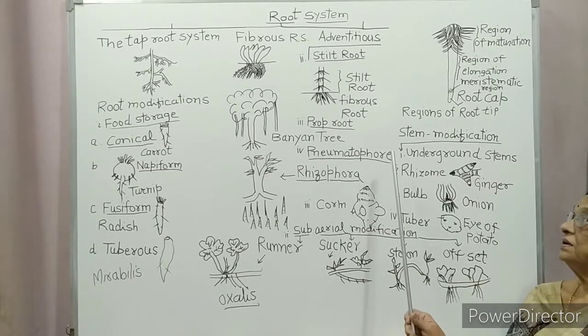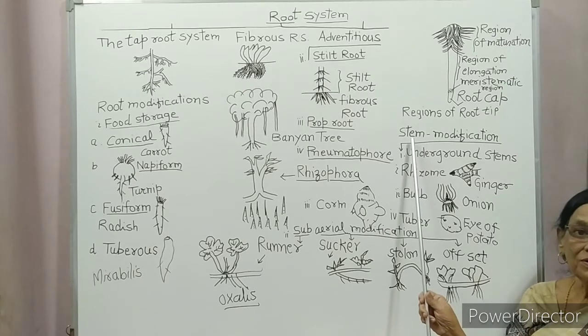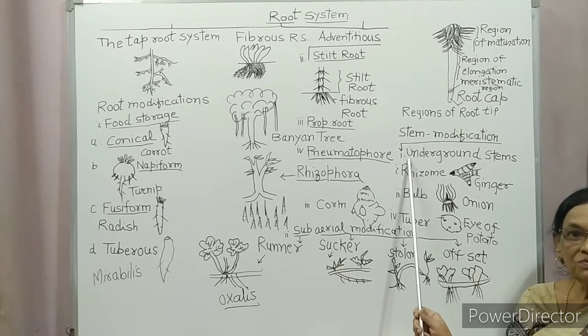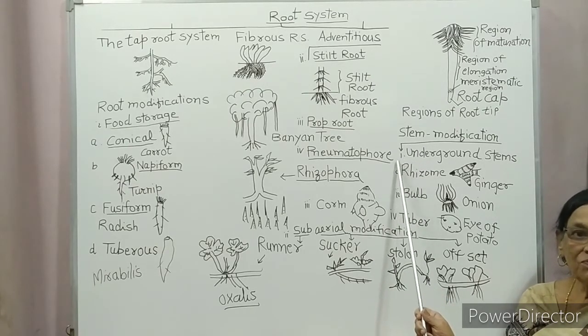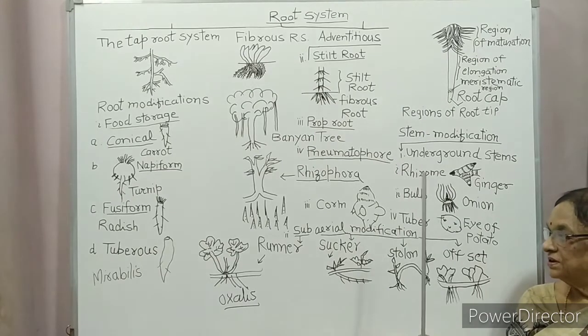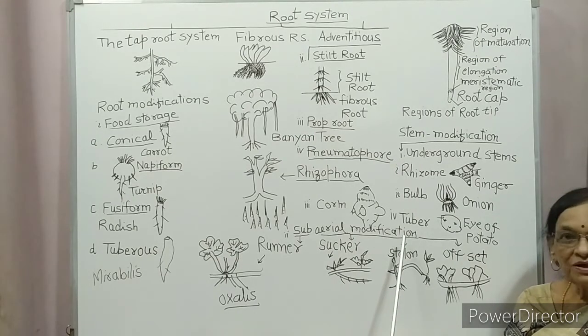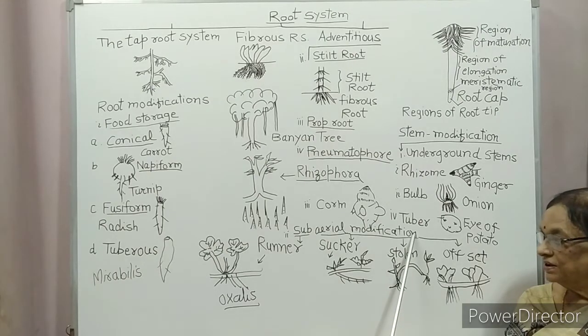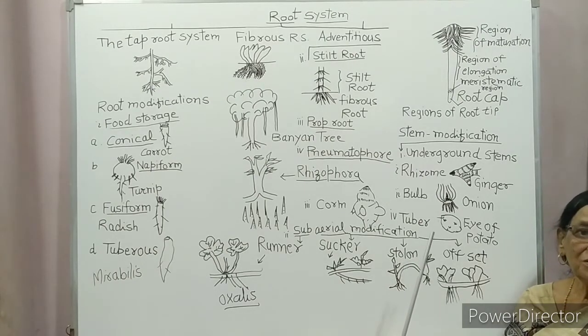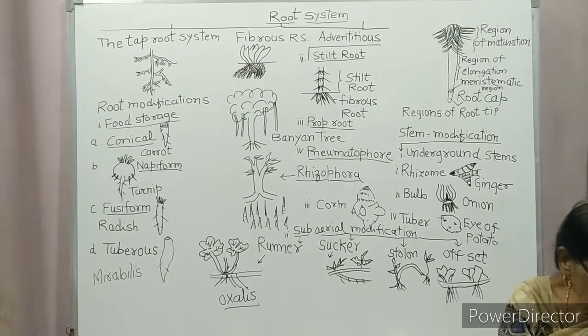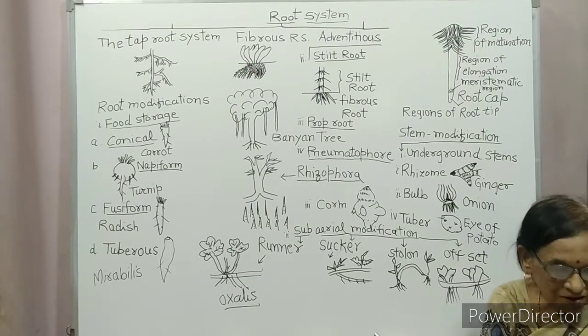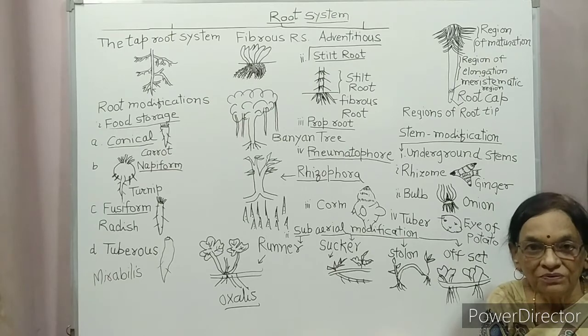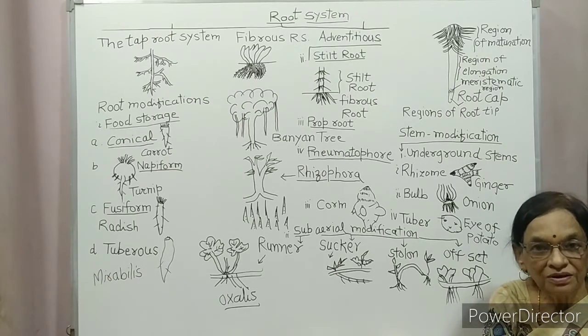So you are studying stem modification. First is underground stem modification for food storage. Second is subaerial modification. It is generally for vegetative reproduction. And now third, you will study the aerial modification of stem next time.